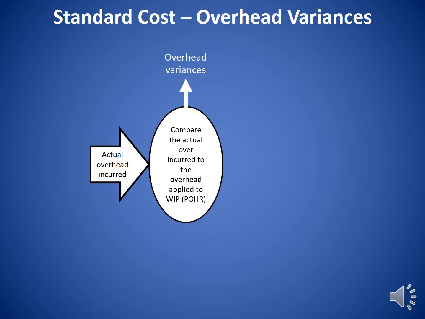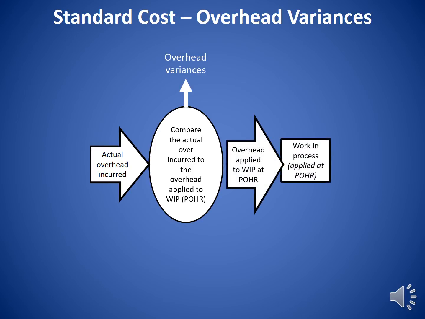If our actual overhead is higher than the amount we applied, then we've underapplied overhead. If our actual overhead is lower than what we applied, that is overapplied overhead. So when we apply our overhead, our predetermined overhead rate, that overhead is applied to work in process. And again, these overhead variances will become more complex as we go on.